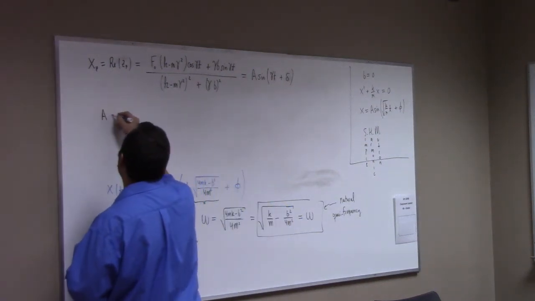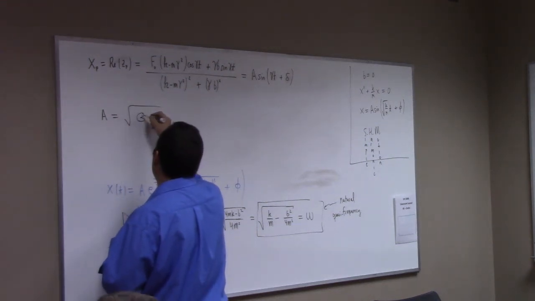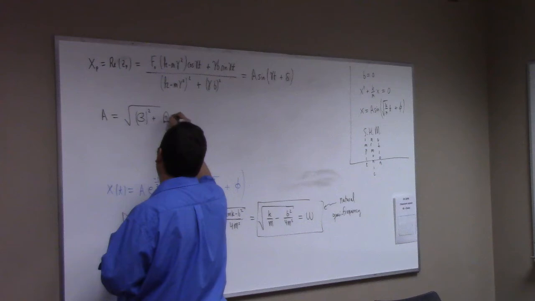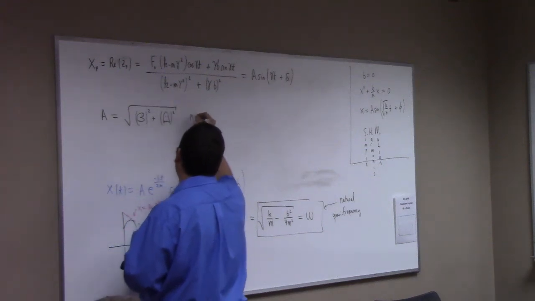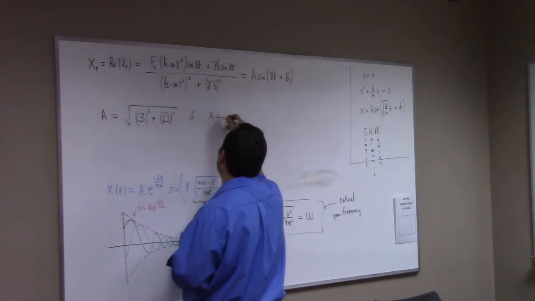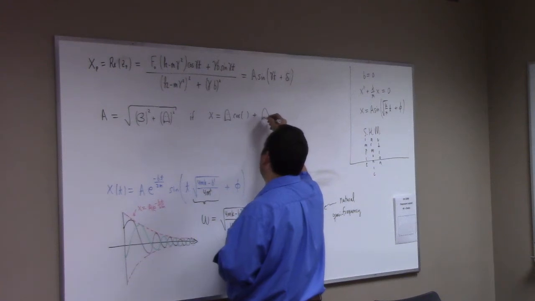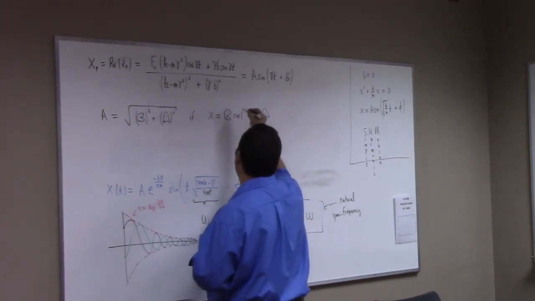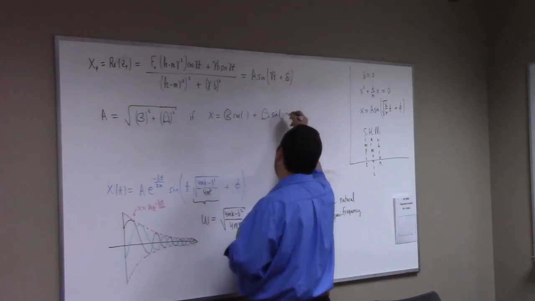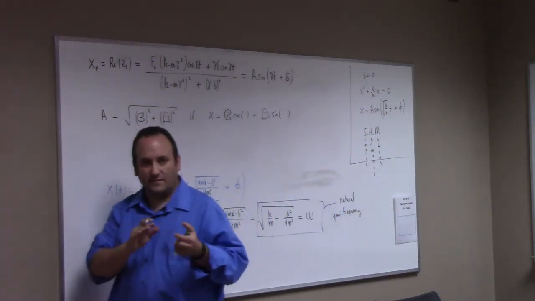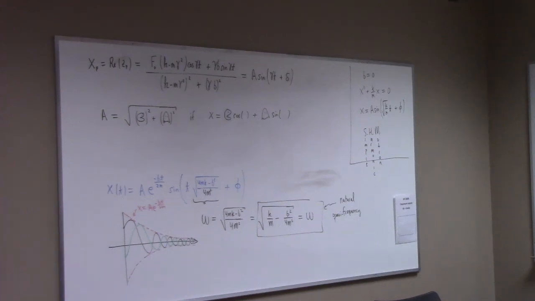A is actually going to be the square root of the first coefficient squared plus the second squared, if we have x equal to one coefficient times cosine plus another times sine. If you have a sum of two sinusoids, one cosine and one sine, unshifted, then the magnitude when you add them together ends up being the square root of the sum of the squares of the coefficients for sine and cosine respectively.